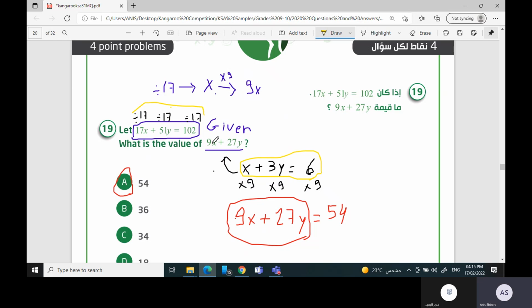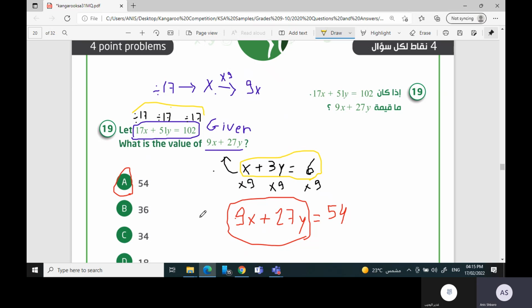And to obtain 9x, we must multiply this equation by 9. So I simply multiplied everything: 9x plus 9 times 3 is 27y, equals 6 multiplied by 9, which is 54.